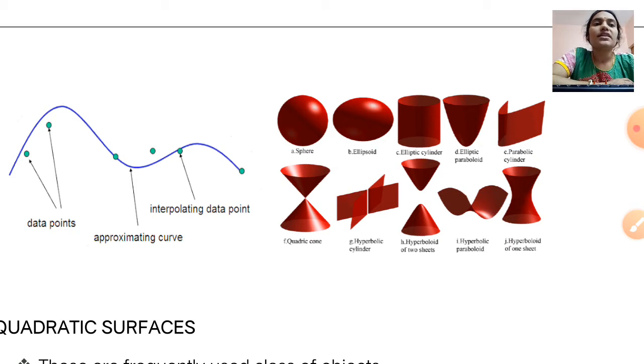All these are different blocks which we use in these curved lines or curved surfaces.